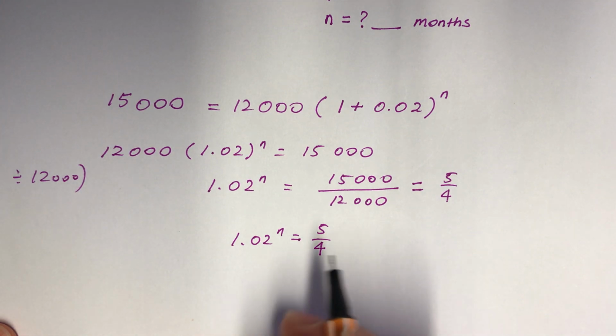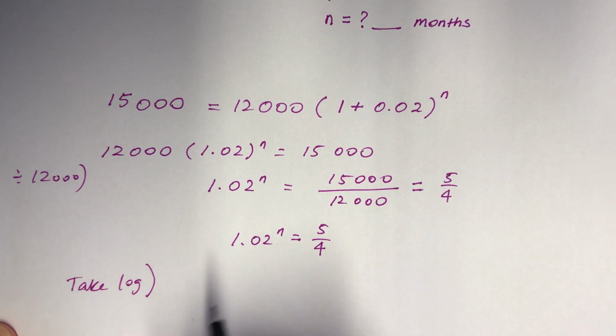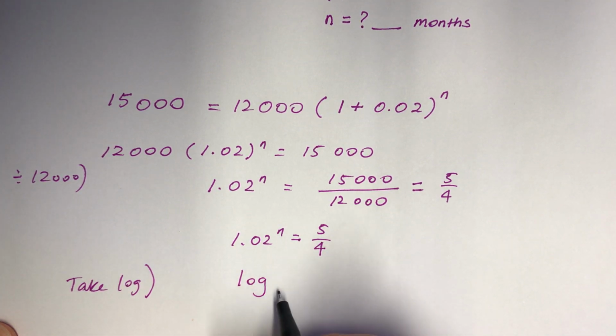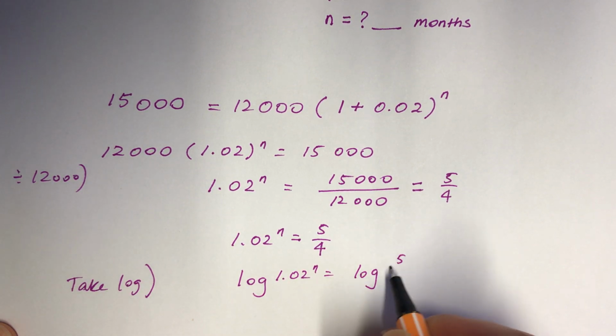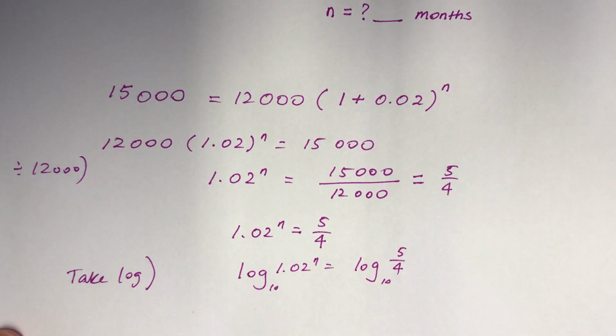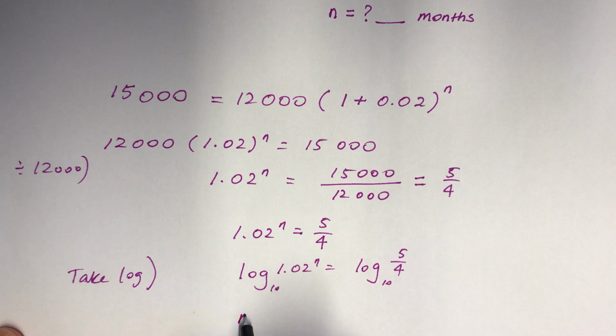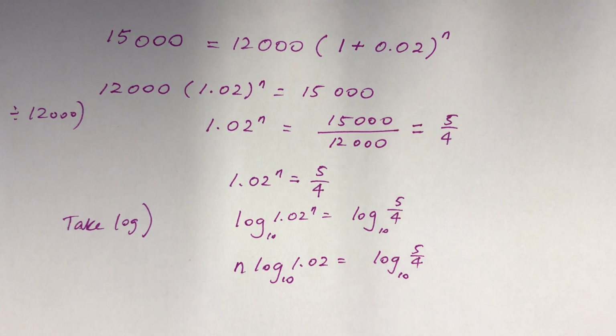So I'm going to take log base 10. And therefore, I can put the n in front of the log. And then I don't touch 5 over 4. Leave it as it is. It's okay. It's happy like that.